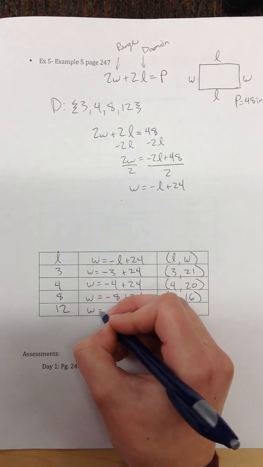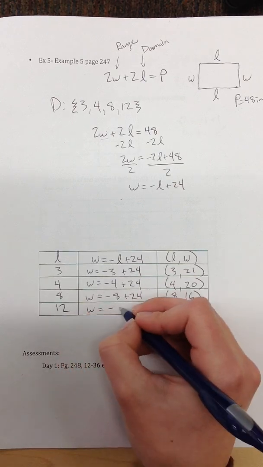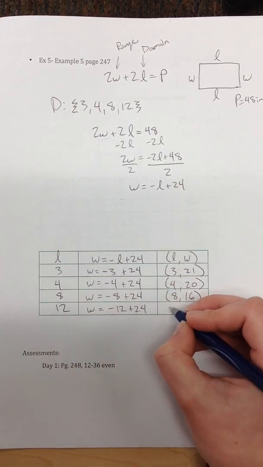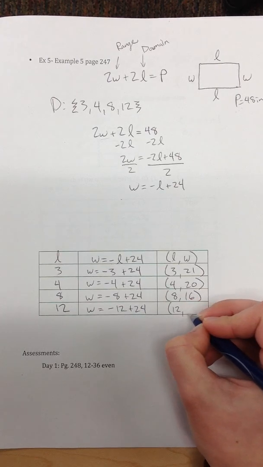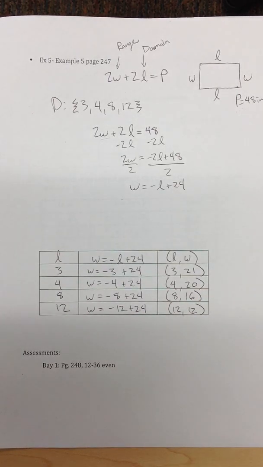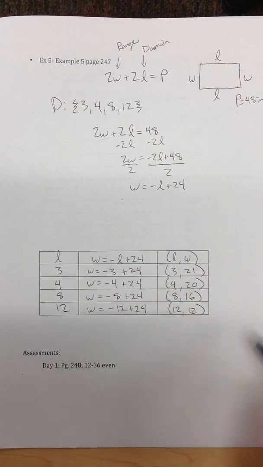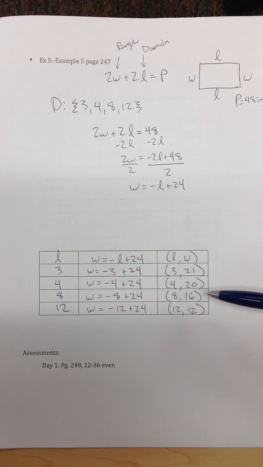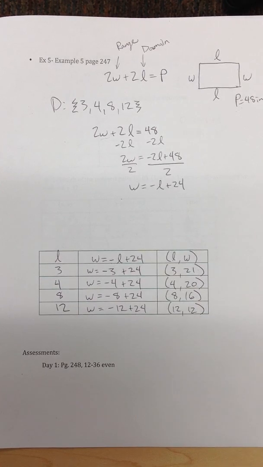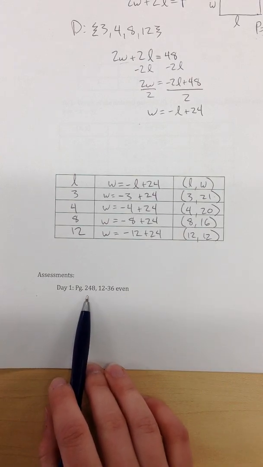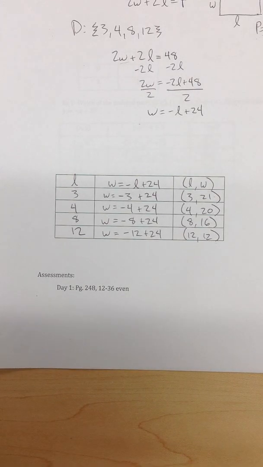So 8, 16. And my last one, my L value is 12, so negative 12 plus 24 is 12, so 12, 12 for that one. Okay, so my answers for the range would basically be the 21, the 20, the 16, and the 12. Okay, so your book page assignment is page 248, 12 to 36 even.